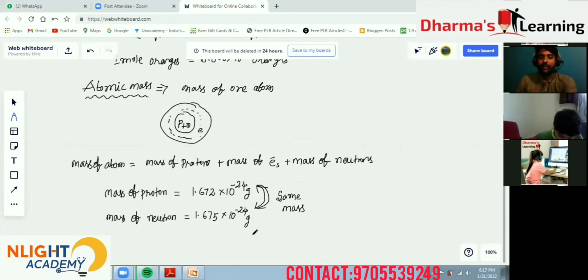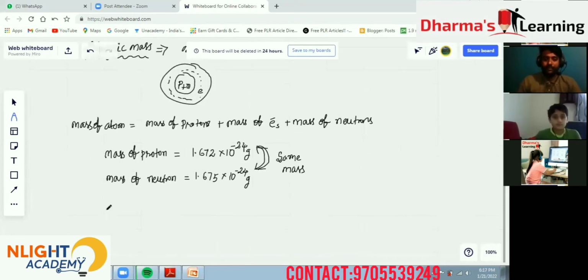Next, mass of electron. The mass of electron is 9.10 into 10 to the power of minus 28 grams.